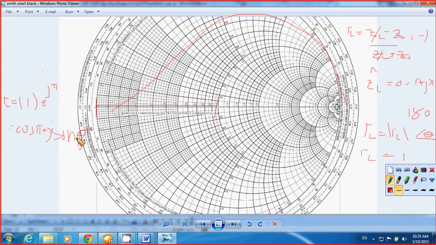Sorry, this is pi, and you multiply by 1, the magnitude of tau L. Cosine pi becomes negative 1, sine pi becomes 0, that's why you have tau L become negative 1, and it agrees with hand calculation: tau L equals negative 1 for the short circuit.